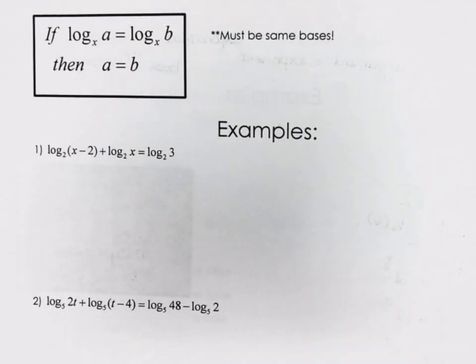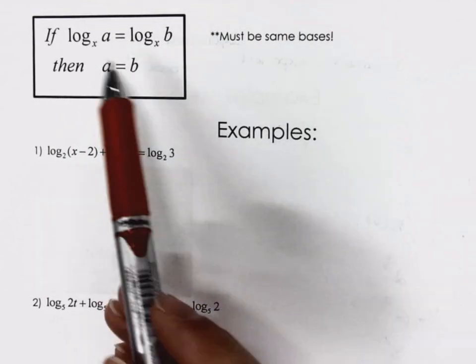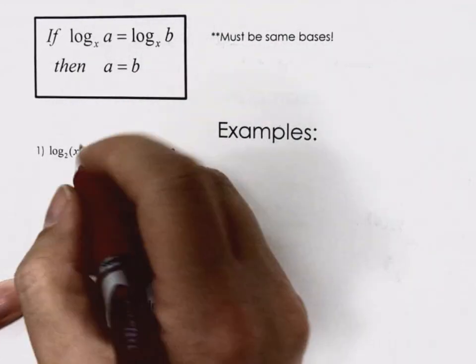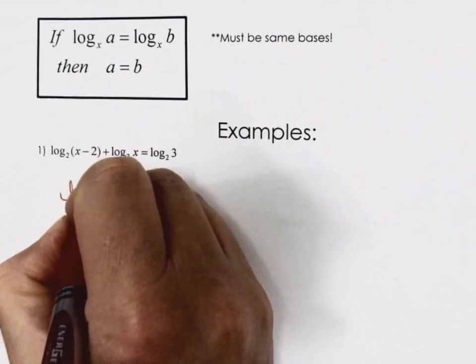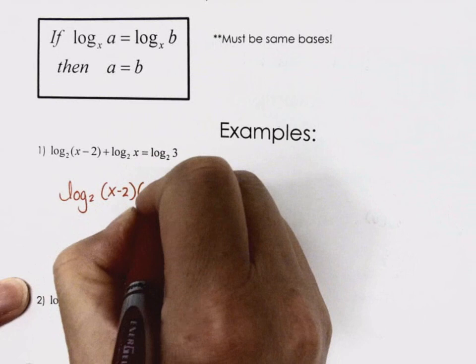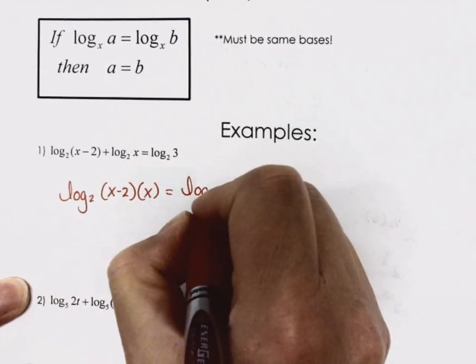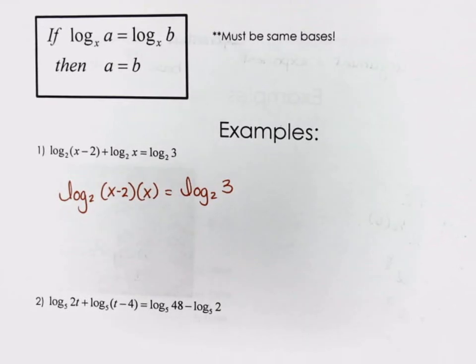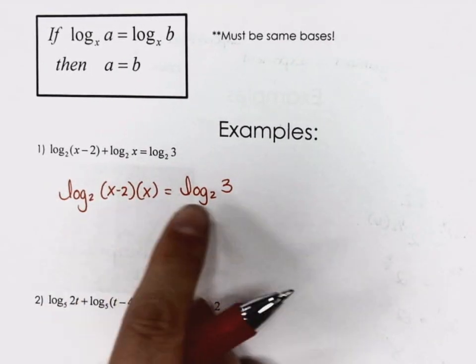So this is where your log laws come into play. We're going to apply the log law on the left-hand side because I need it to be a single log equal to a single log. So we're going to have log base 2 of x minus 2 times x equals log base 2 of 3. Now we have a single log on both sides, and they both have the same base of 2.